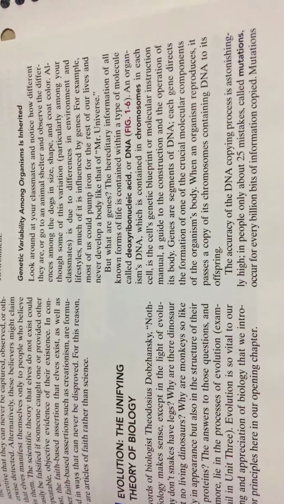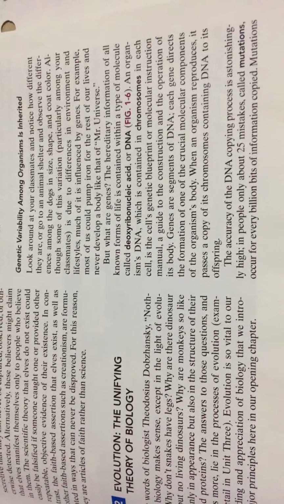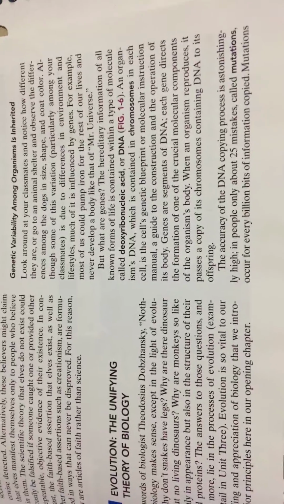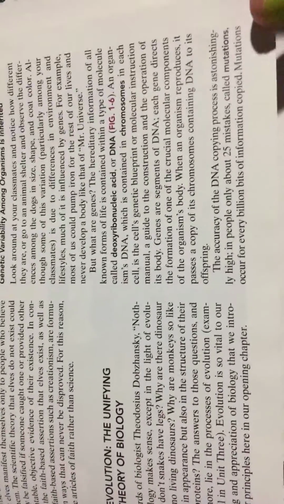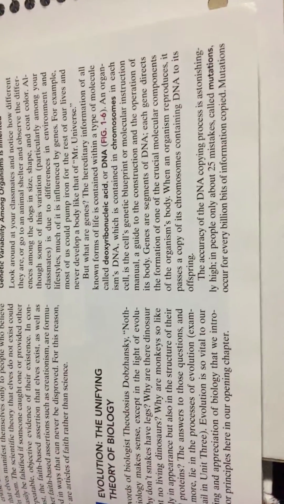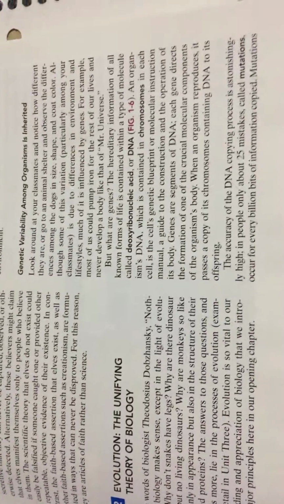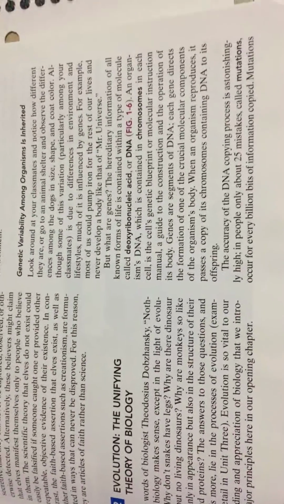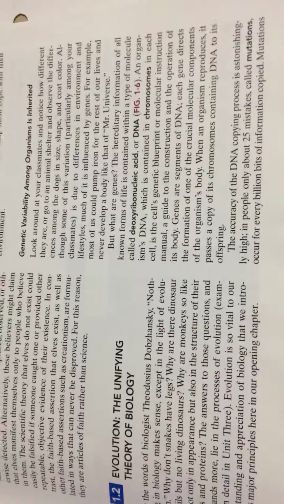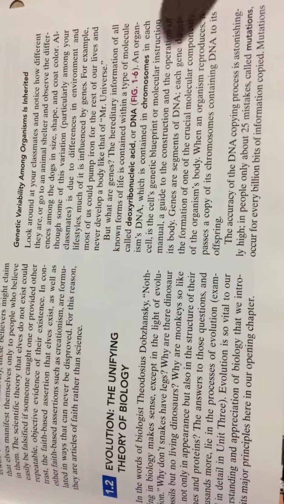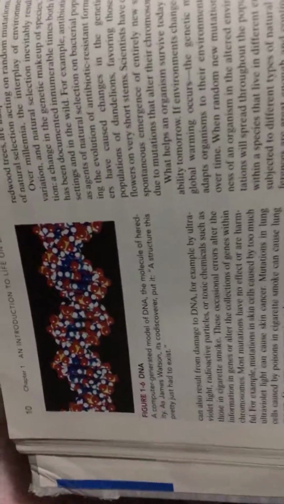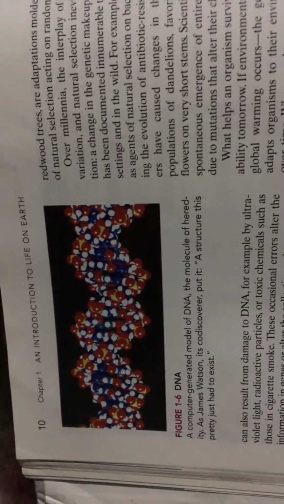The color of skin or hair or how tall we are is all determined by DNA. Mutations can occur also, usually from our DNA if it's not copied right in our cells or something goes wrong. That's basically what it looks like. It's like a twisted pasta form.